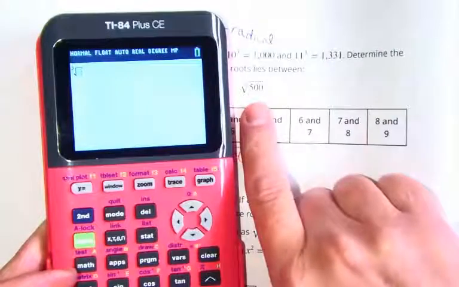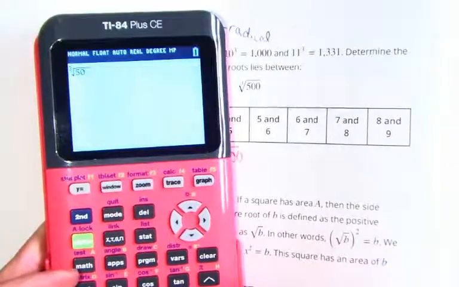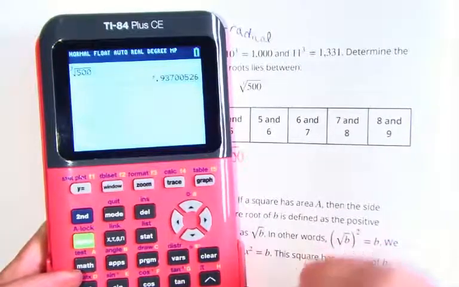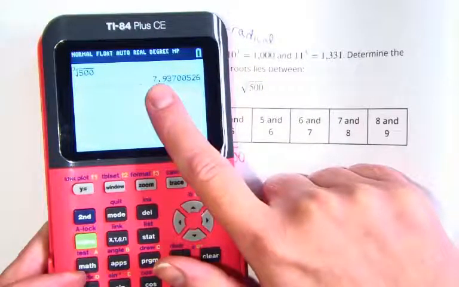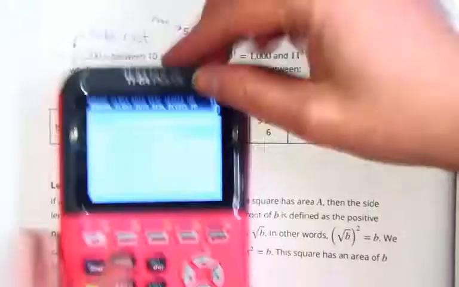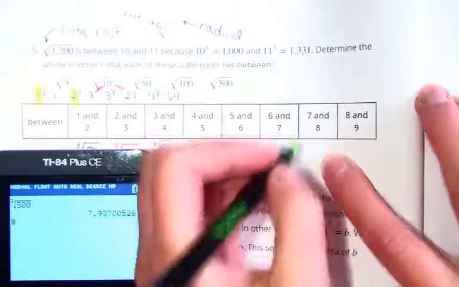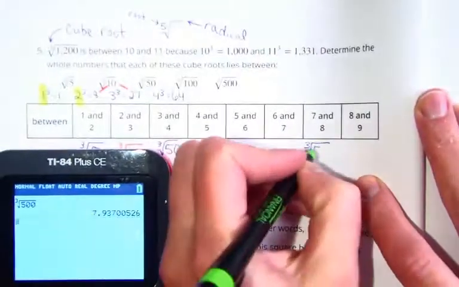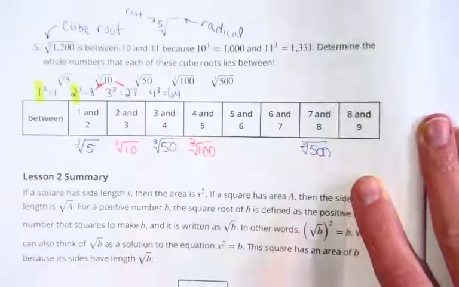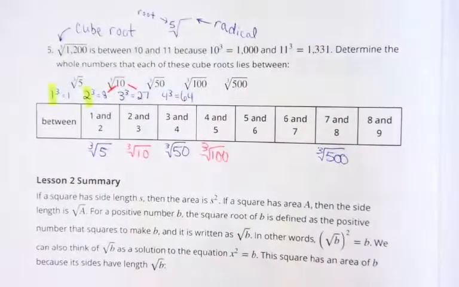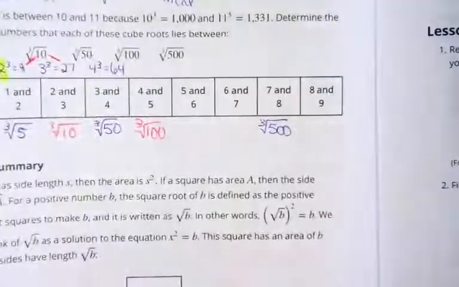If I'm looking for the third root of 500, we can calculate that and see that it's really close to 8, but not quite there. So it's between 7 and 8. So this last answer should be between 7 and 8, the third root of 500. This is helping us get a decimal estimate of what it's going to be between. So there's our lesson 2.